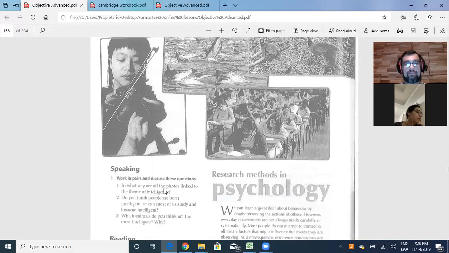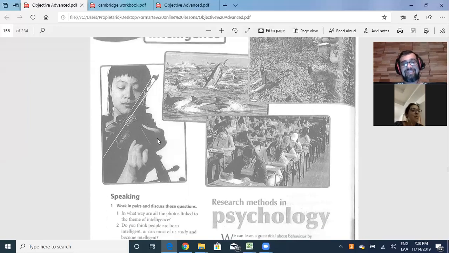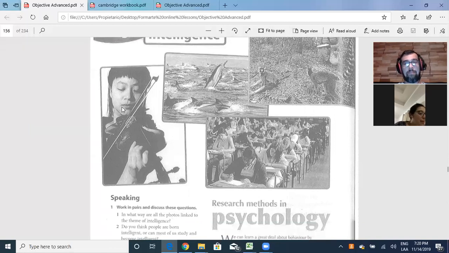With that theme of intelligence, how do they tell me that there's some intelligence in those pictures? Okay, well, I'm going to base it on the multiple intelligences theory. Very good. So in the first one, there is a lady who is playing an instrument, a violin.